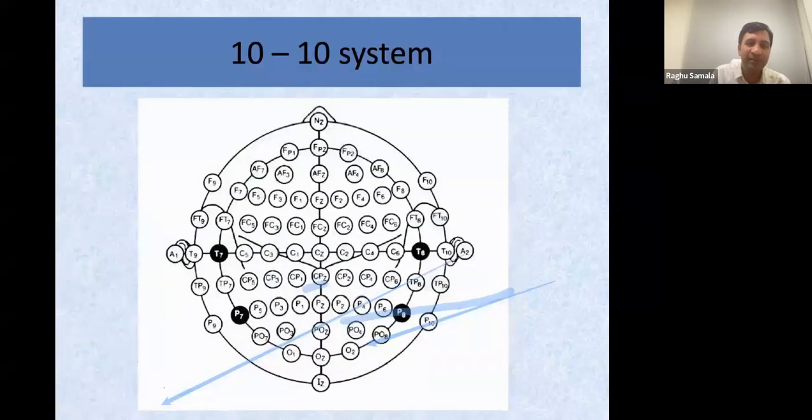The 10-10 system means electrodes become more crowded, so the artifacts become more, but your preciseness will be much more. The distance decreases in the 10-10 system. So here the inter-electrode distance, instead of 20%, becomes 10%.